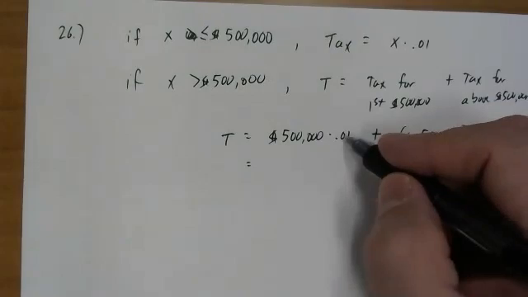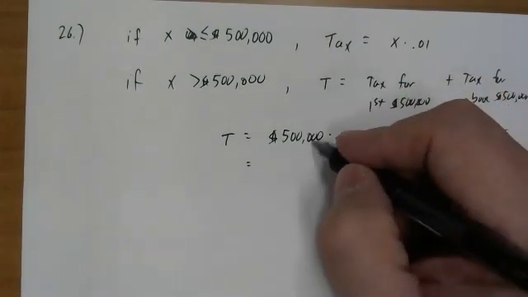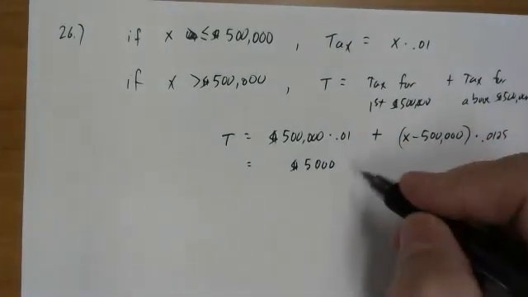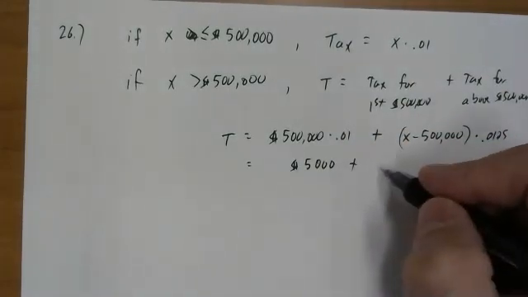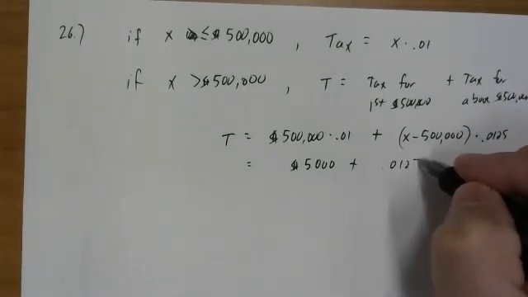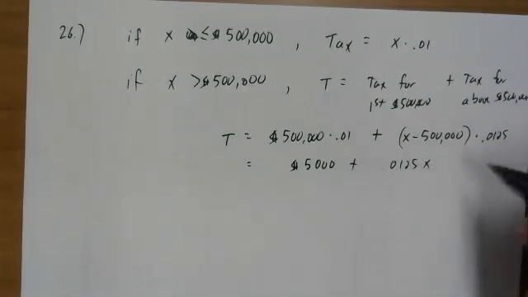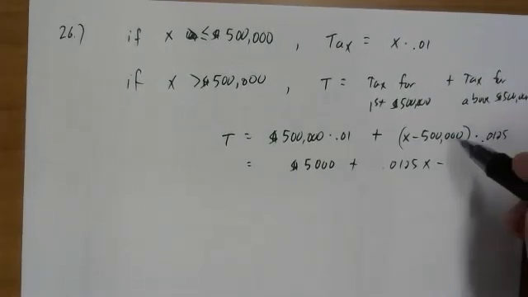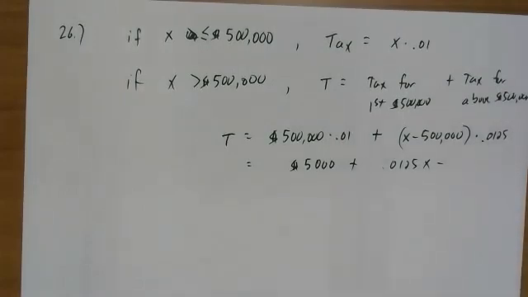So this 500,000 times 0.01 would be 5,000, then 0.0125x minus, let me get my calculator, 500,000 times 0.0125, which is $6,250.